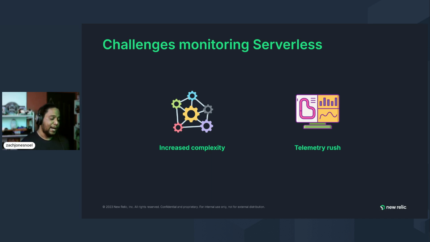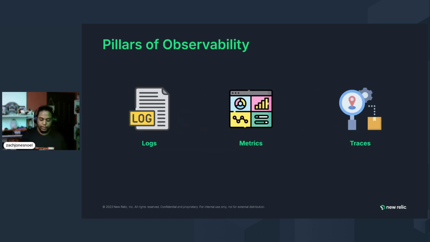When I say you need all of these things, it's too much information to consume. And with time, you lose a lot of time identifying where it went wrong, and where to even begin. The pillars of observability are logs, metrics, and traces.